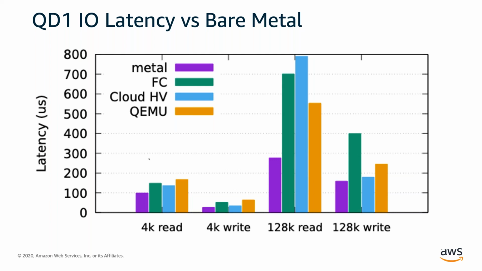So that's an overhead of about 400 microseconds at the 128K reads, and that's mostly a bandwidth limitation. We've got an extra memory copy. 128K writes, similarly, some overhead over bare metal, but generally good performance, and performance that is nice, comparable to local SSD, especially for those small reads and writes, and that's important too.